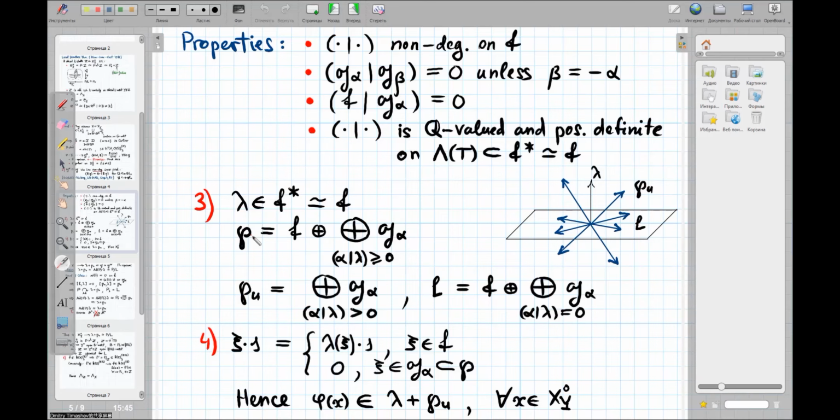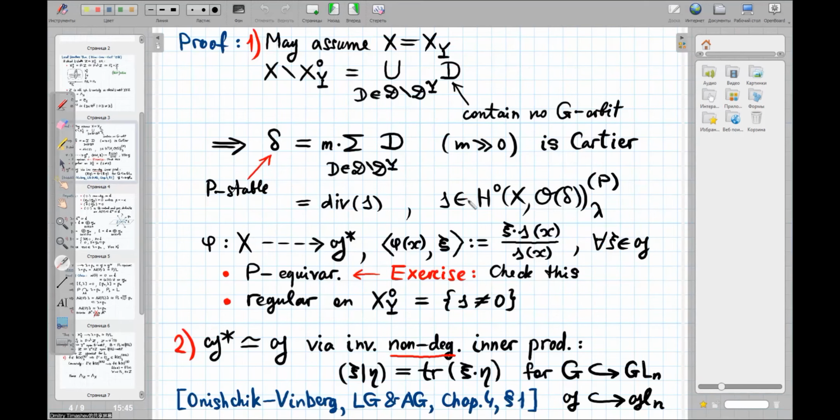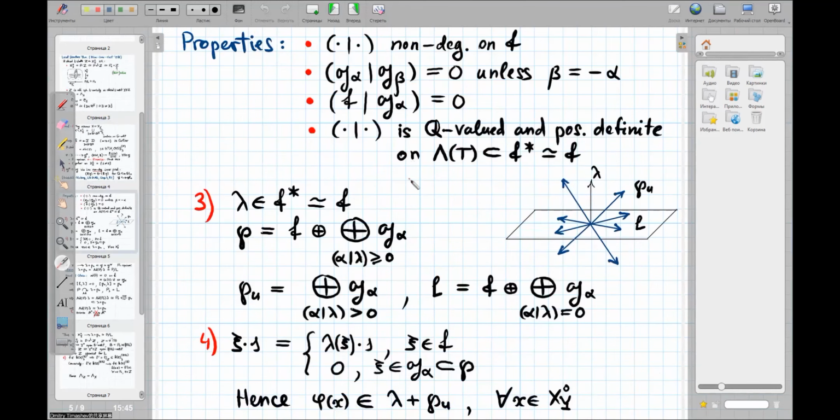The highest weight line is just stabilized by the Borel subgroup. Exactly, and P is a bigger subgroup. So the highest weight line is stabilized by the Borel subgroup, but it may be stabilized by a bigger subgroup.